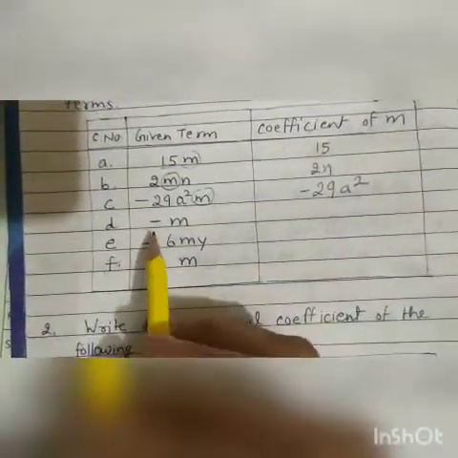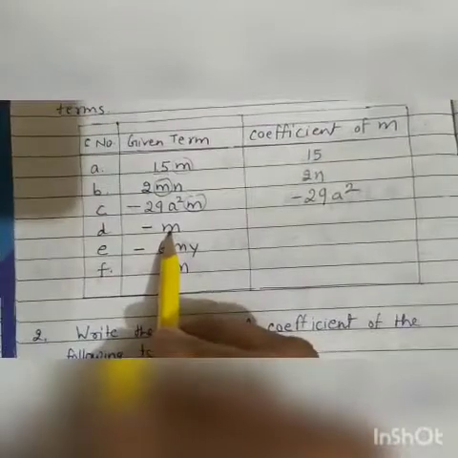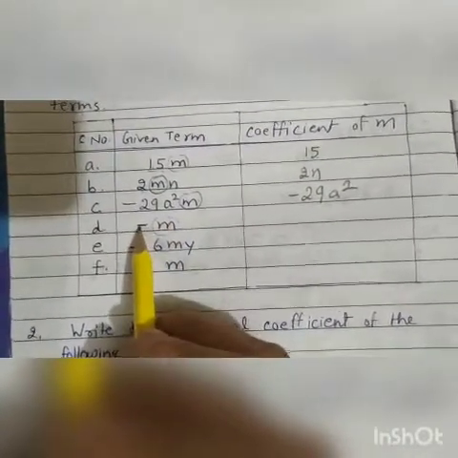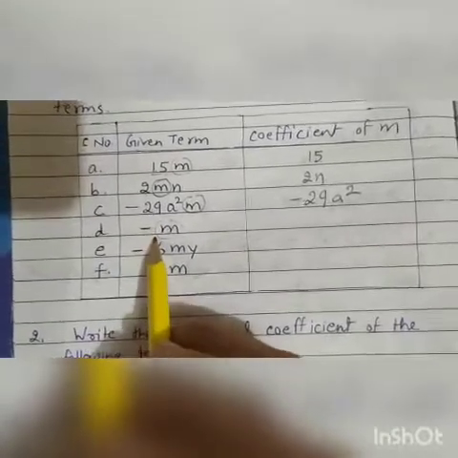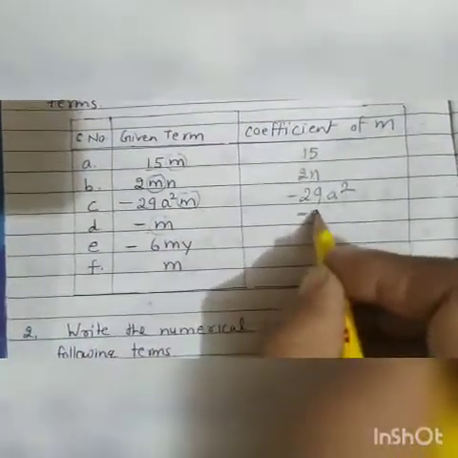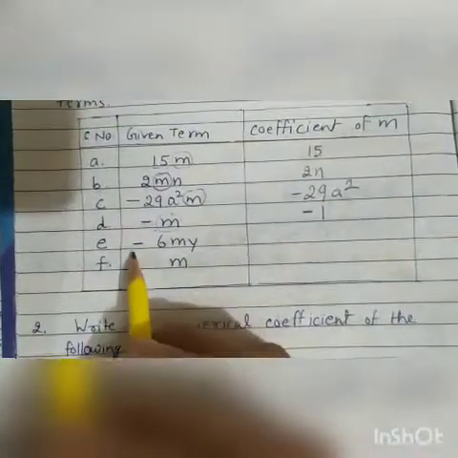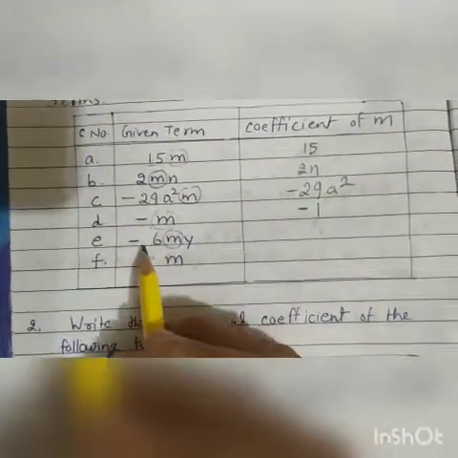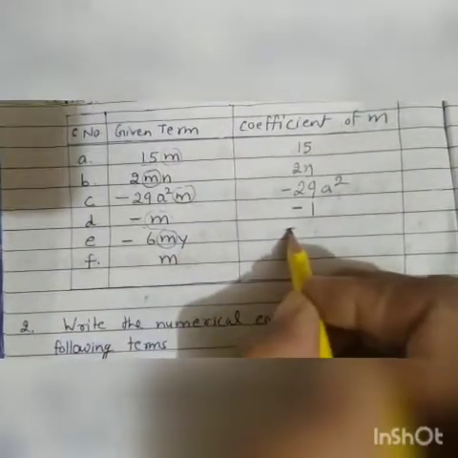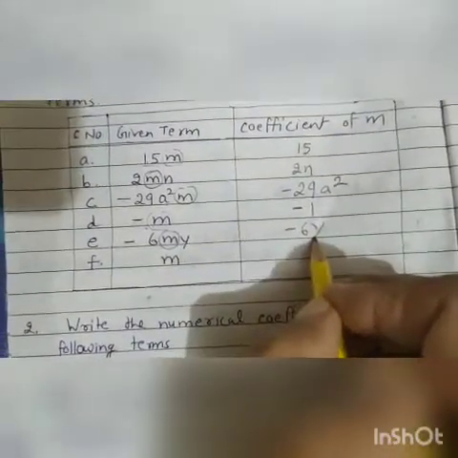Again come, next term is minus m. If we remove m from here, what will we have? Minus 1. It will be considered as minus 1. So the coefficient of m in this term will be minus 1. Remove m from this term, we get minus 6y. So the coefficient of m in this term is minus 6y.